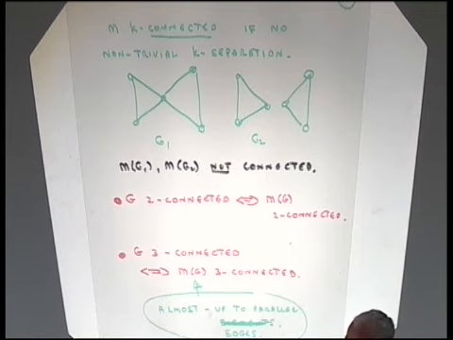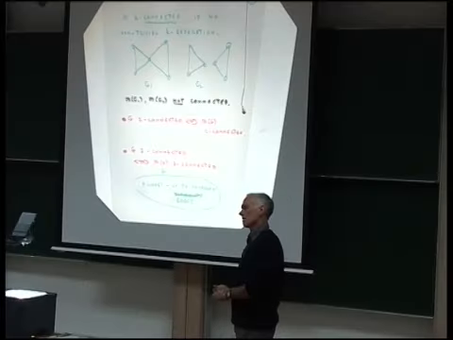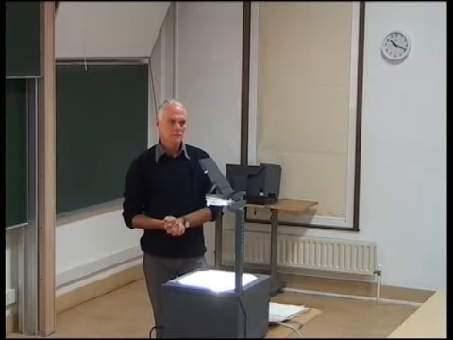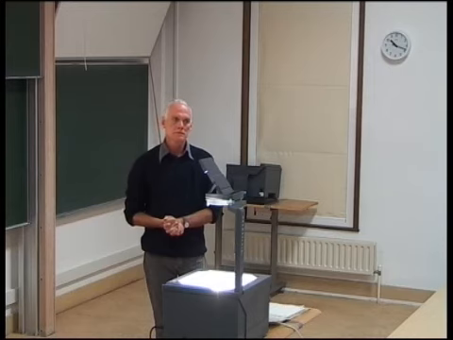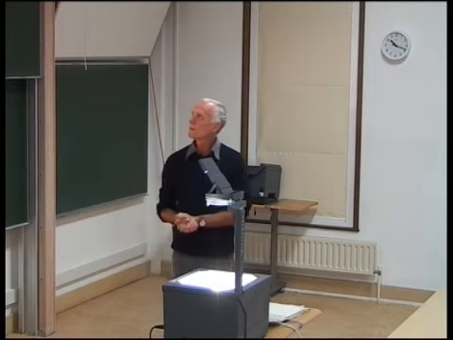Jeff? Yeah. Could you get back vertex connectedness by taking the graph, adding a new vertex, taking the cone by adding an edge from the new vertex to each of the old vertices, and then considering the matroid of that?